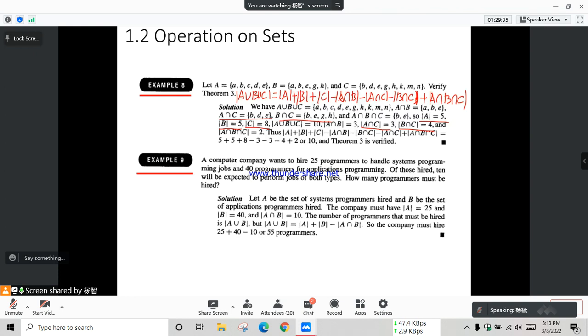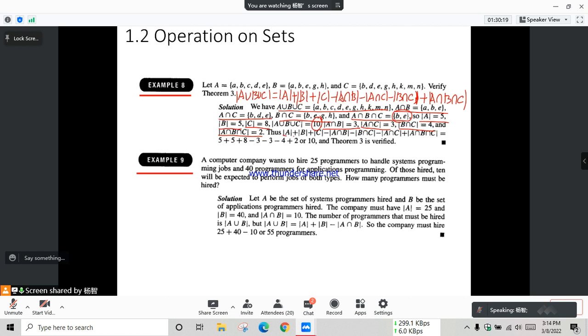The intersection of A and C is equal to B, D, E, so its cardinality is 3. The intersection of these three sets only has B, E, so the cardinality of the intersection of A, B and C is equal to 2. And the union of A, B and C is A, B, C, D, E, G, H, K, M, so the cardinality of the union is equal to 10.